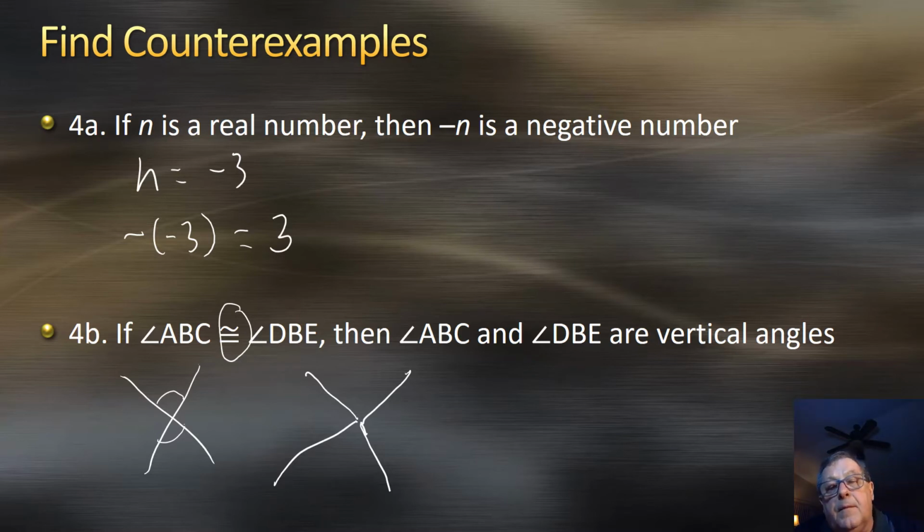Now, would that mean that these two angles, and let's say that these two angles are in fact congruent, but are they vertical angles? That looks too much like, let me get this right.